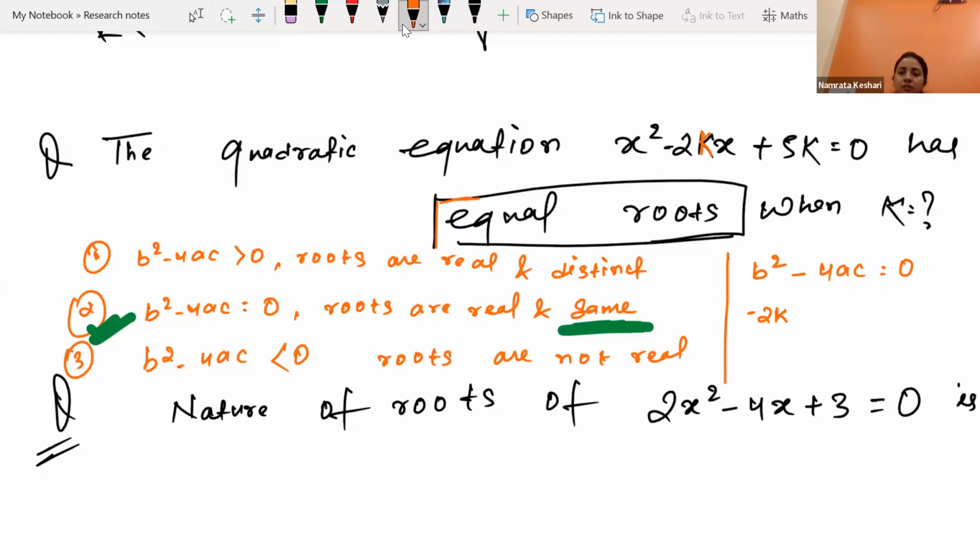Yes, minus 2k. Minus 4 into a, a is 1, and c is 5k. Minus 4 into 1 into 5k is equal to 0. Please find k value from here.